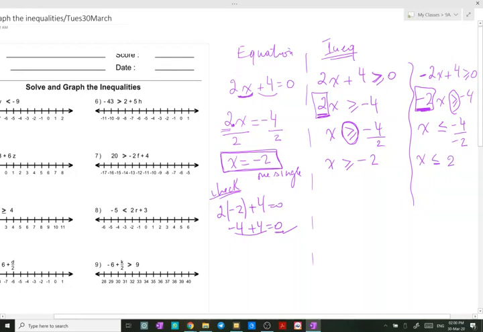So here, when you are dividing or multiplying by a positive number, the order will not change.